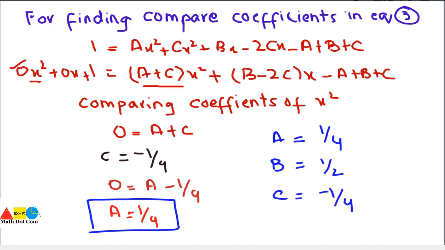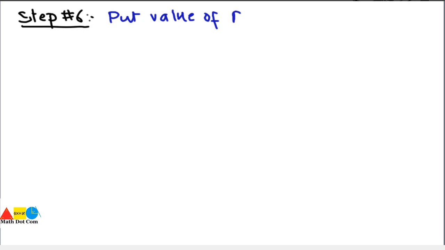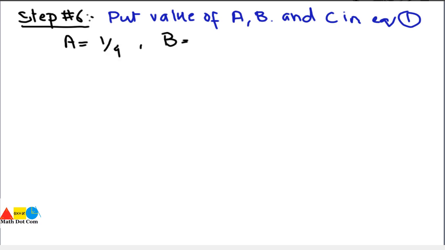Now we move towards the last step where we have to put all these values of a, b and c in the equation that we have found in our step number 3. So the last step is step number 6, where we put the values of a, b and c in equation 1, as a is equal to 1 by 4, b is equal to 1 by 2 and c is equal to minus 1 by 4.